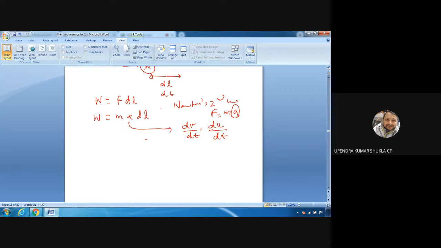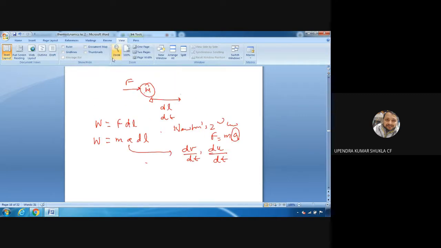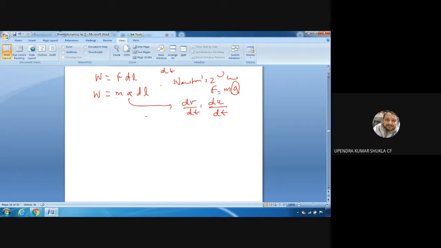So suppose this is the x direction, so we are taking du. No issue with that. So let's calculate this: m, and this is du over dt. All is well. Then dl.